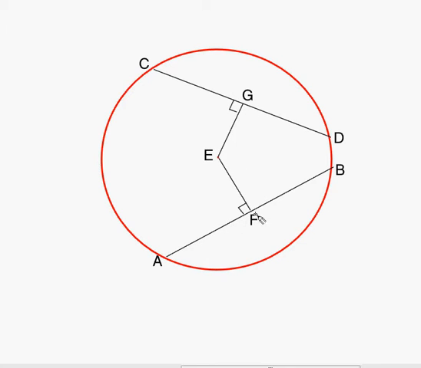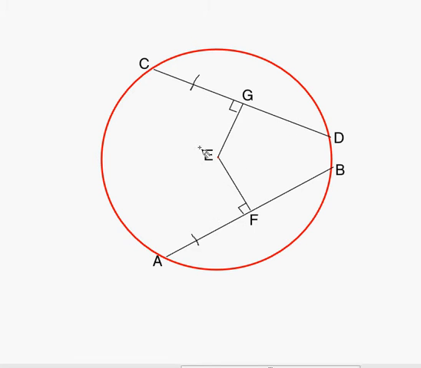So if chord AB is congruent to chord CD, then because EF and EG are parts of diameters, we know almost immediately that line segment AF is congruent to line segment CG. Again, this is because AB is congruent to CD, and EF and EG bisect AB and CD because they are diameters.